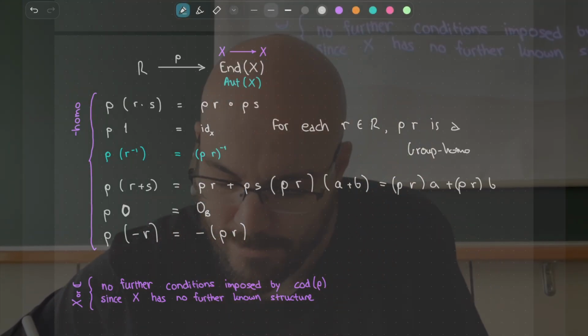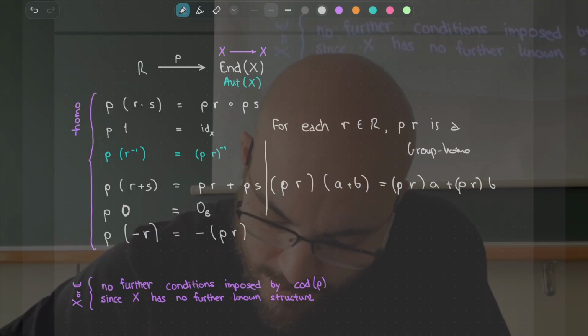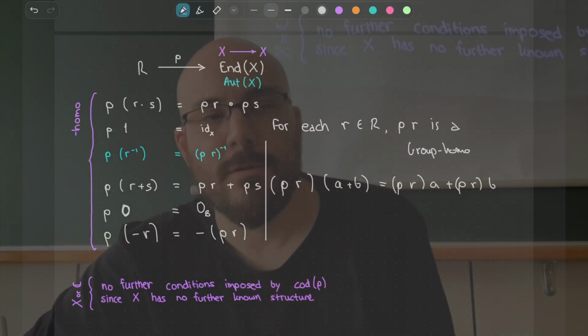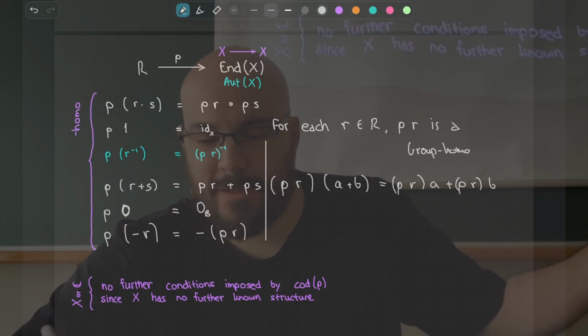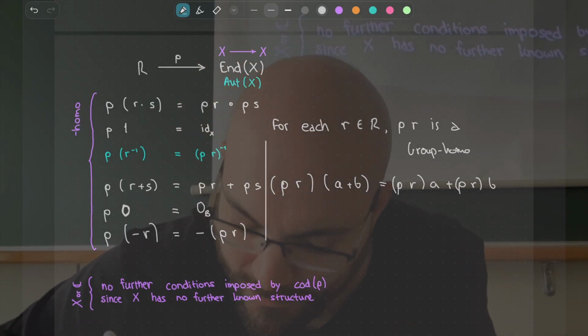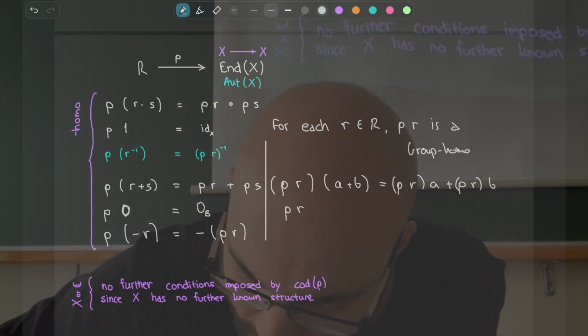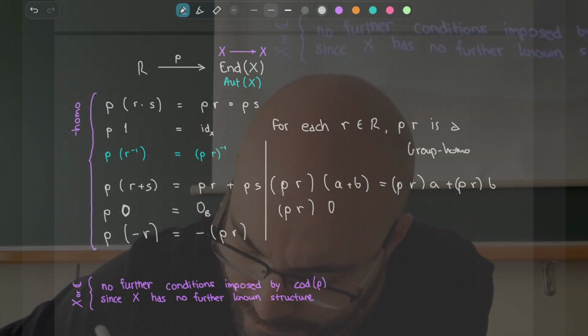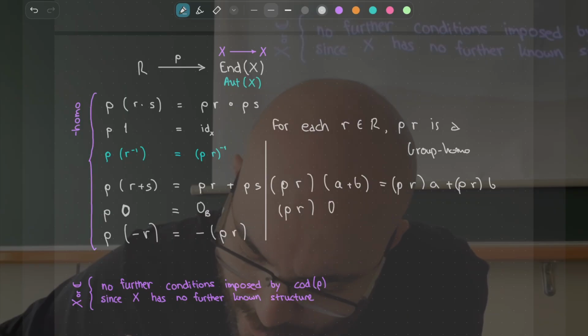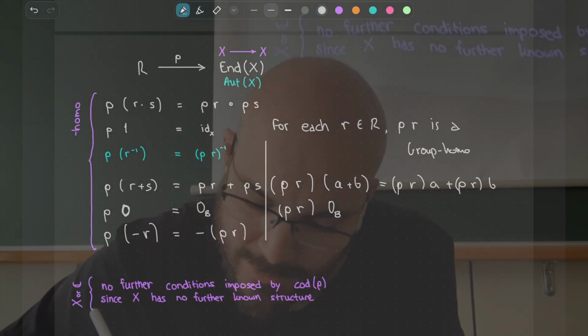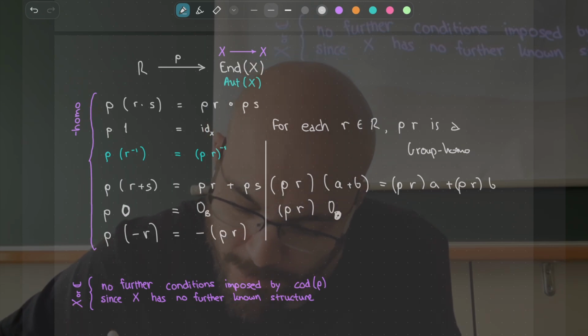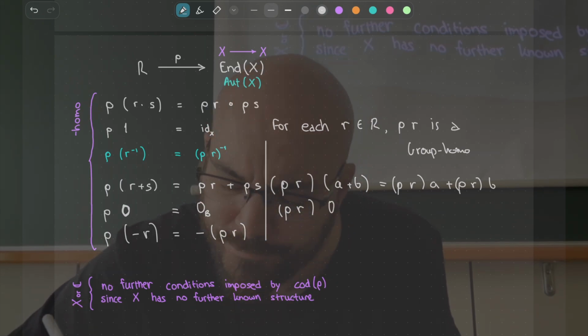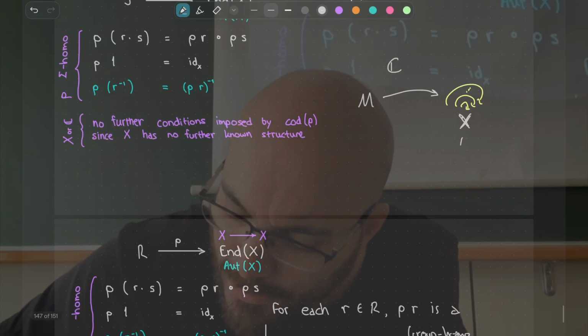Let's go on. What else? Respect the identity and respect the inverses. So it's rho of R of the identity, the 0 of B. Sorry, is it B? No, we have called it X. We might as well call it A to be consistent.